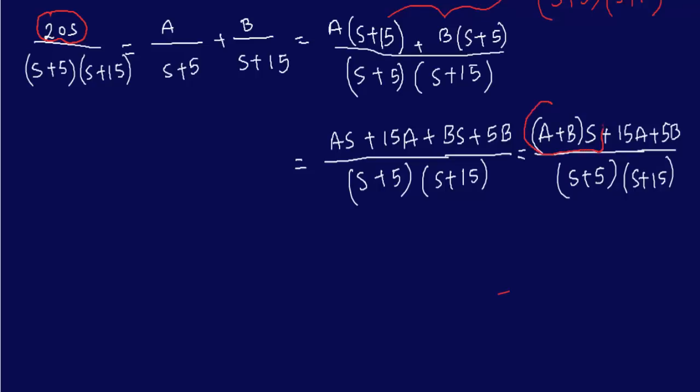On top we have 20s, and over here we have A plus B times s. So in order for those to be equal, A plus B should be equal to 20. And then there's nothing after the 20s, so you know that 15A plus 5B has to be 0. So we are equating the two expressions together.